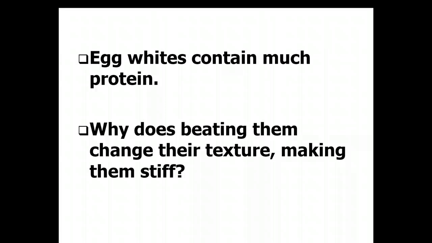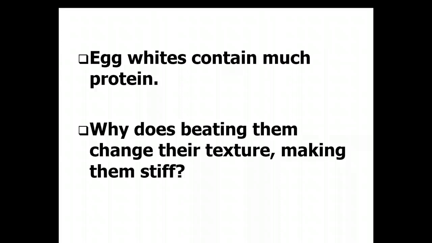So just to try to put this in some terms that might help, egg whites contain much protein, so we can heat the eggs, and we can denature the egg protein, as evidenced by them turning white as we cook them. So why does beating eggs change their texture, making them stiff?